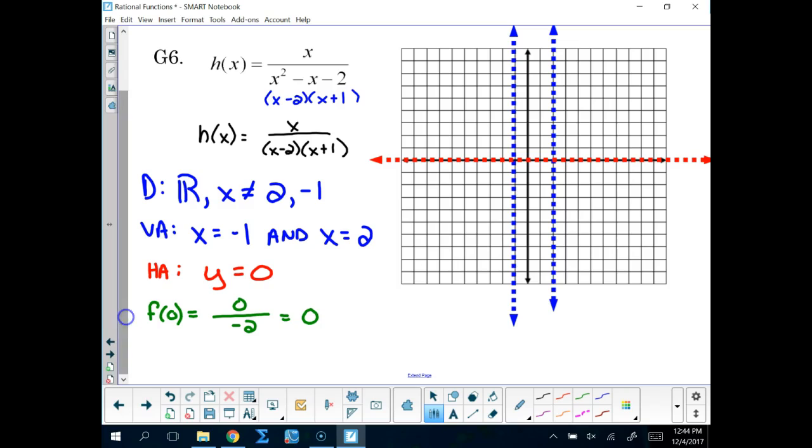That tells me that my y-intercept is 0, 0.